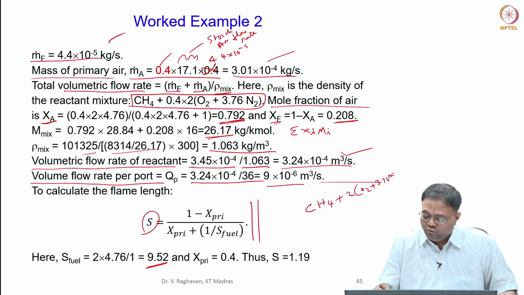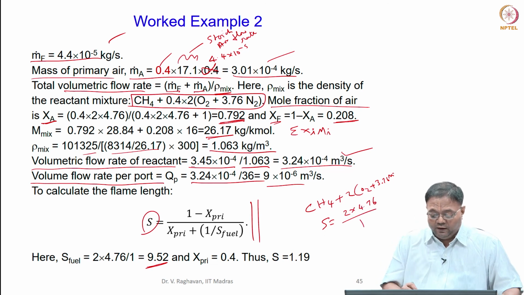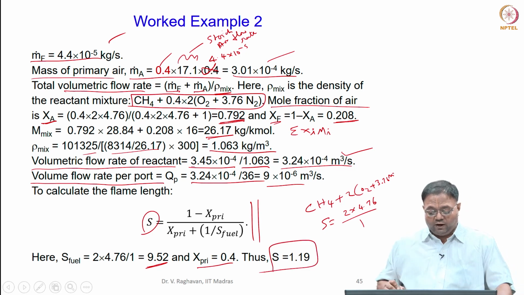In this case S is 2 into 4.76 divided by 1, that will be 9.52, and Xp is 0.4. Then you substitute and get the value of S as 1.19.